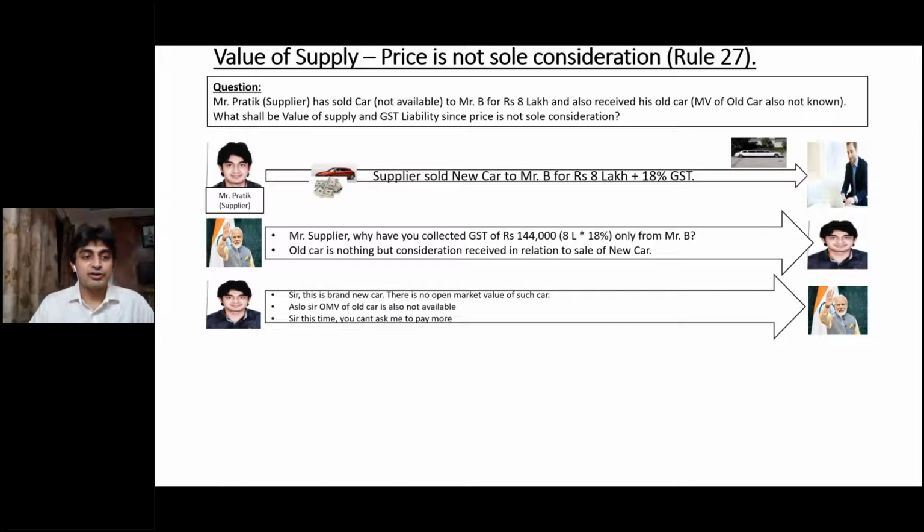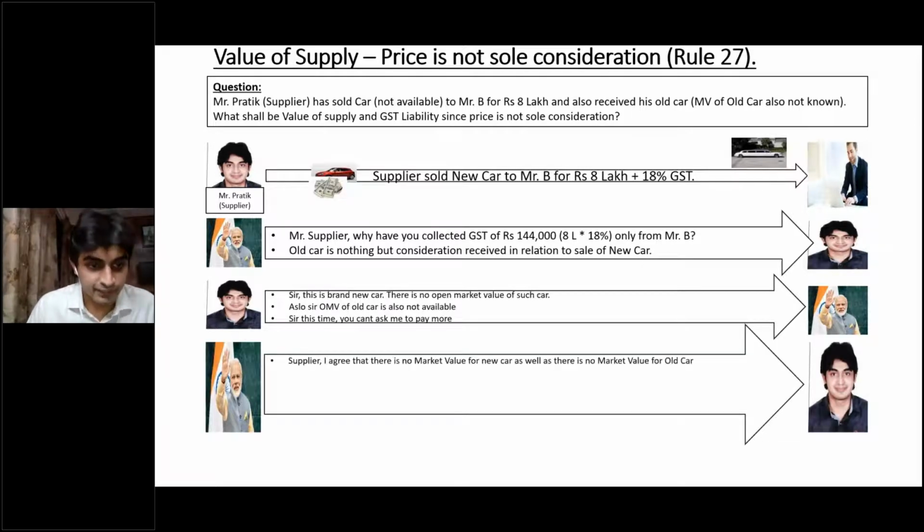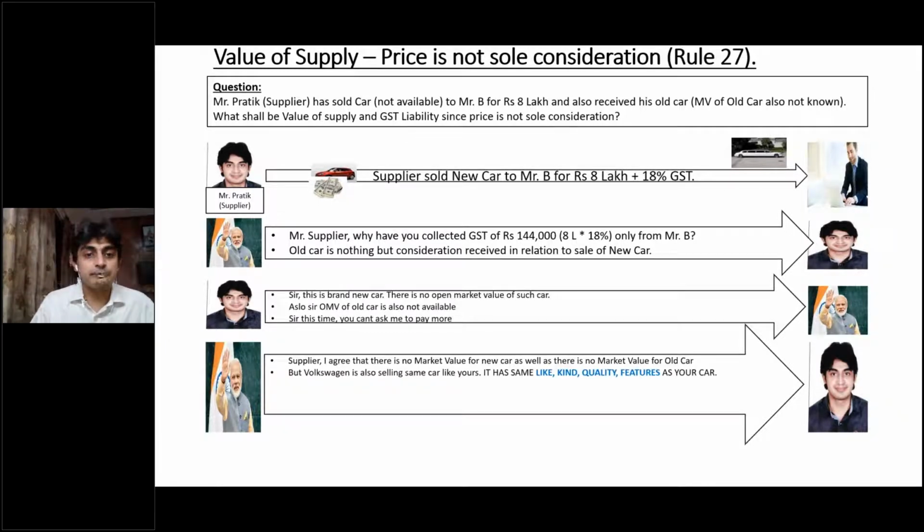Now government is saying, agreed. There is no open market value for new car. Agreed. There is no open market value of old car. But Volkswagen company is selling the same car like yours, of like kind and quality and features as your car. ठीक है. New car का market value नहीं है ना. Old car का भी नहीं है ना.